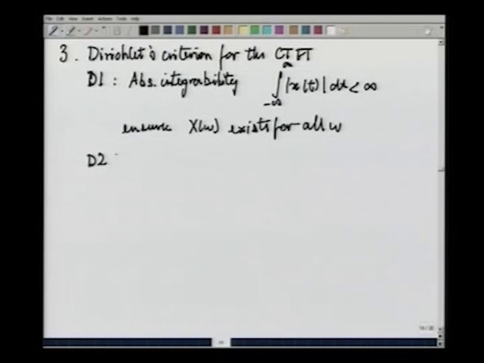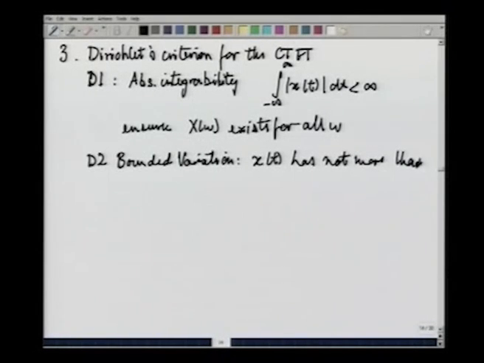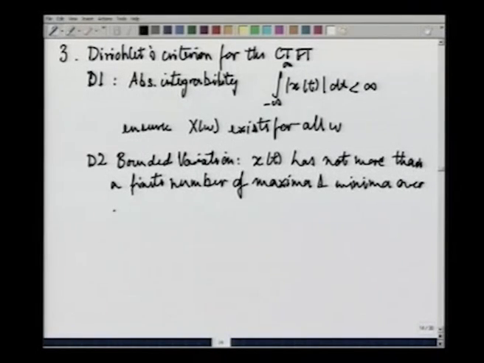You have bounded variation, which requires that x(t) has not more than a finite number of maxima and minima over any finite time interval.